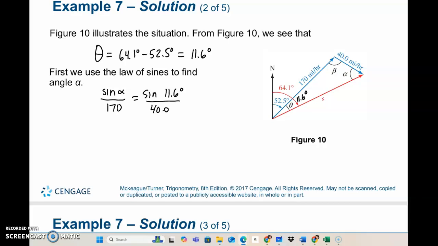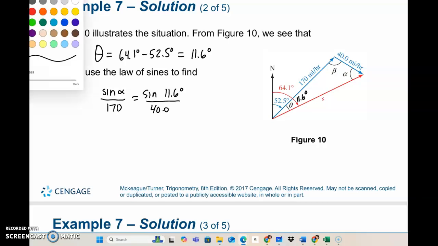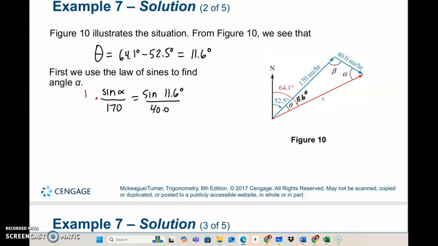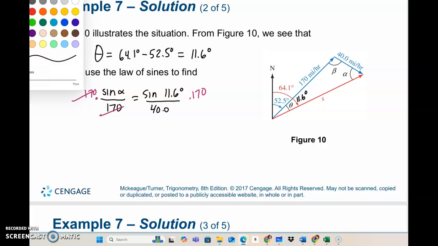What I would do here is multiply both sides by 170 so that I can get the sine of alpha.